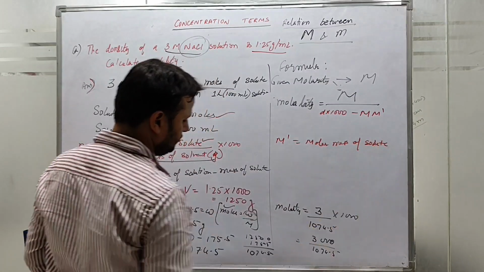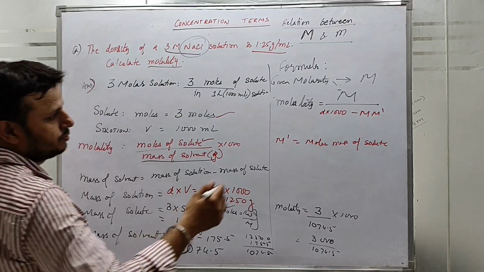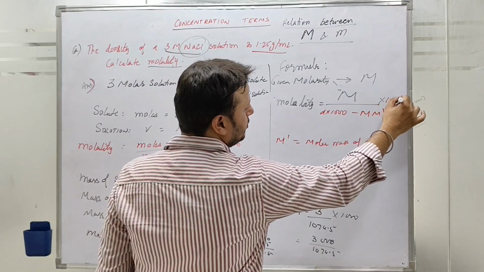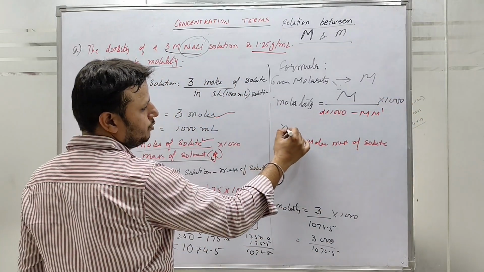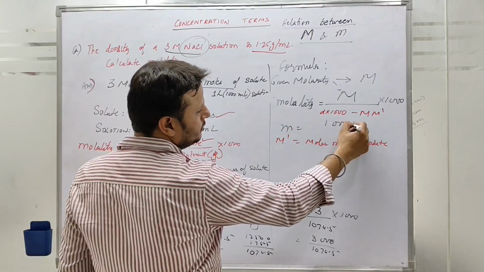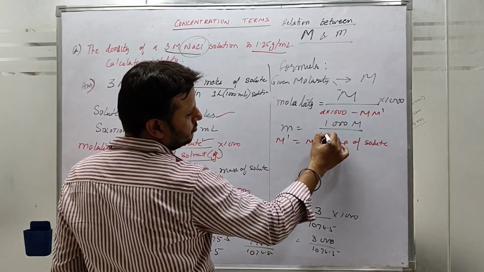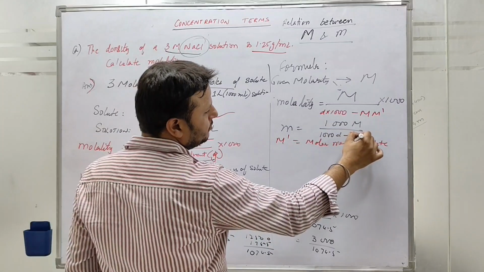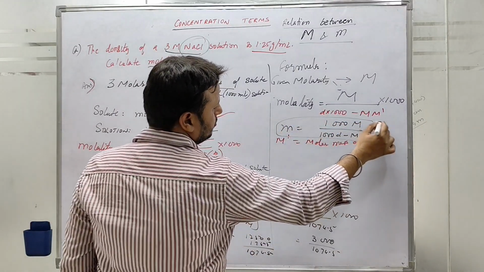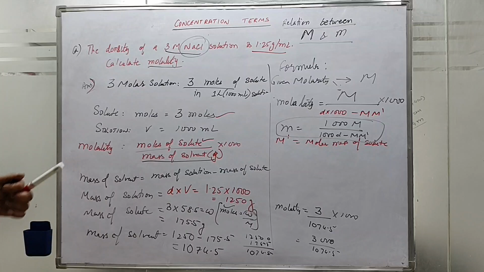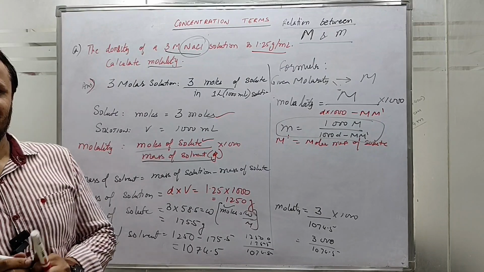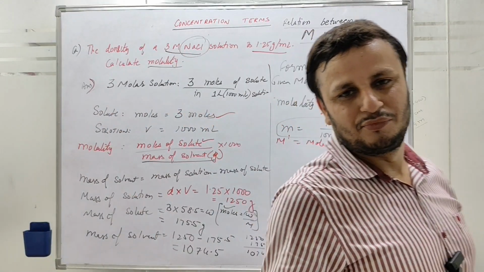Molar mass of solute, and in the numerator multiply by 1000. Small m is equal to 1000, capital M by 1000 d minus M dash. We can directly use this formula between molarity and molality.